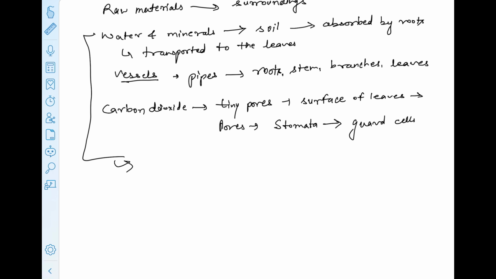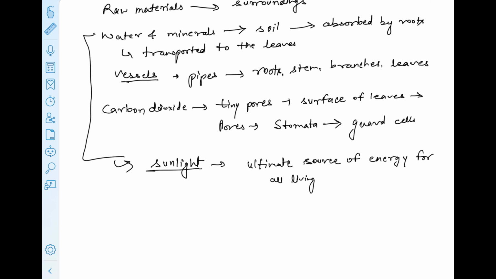So by getting all these raw materials, plants make their food in the presence of sunlight, because the sun is the ultimate source of energy, not just for plants but for all living organisms. Now the process by which plants make their own food in the presence of sunlight is known as photosynthesis.